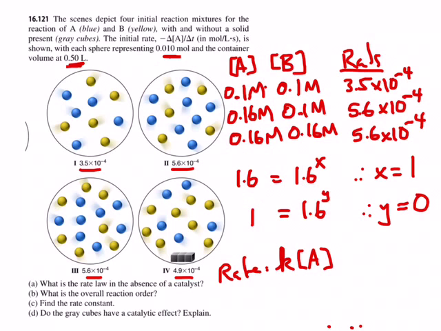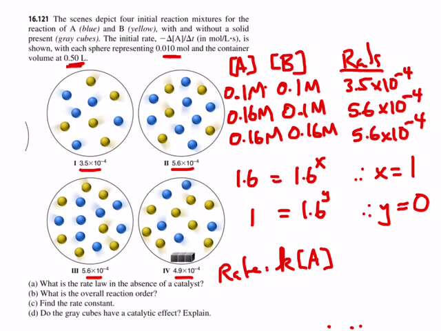The rate constant, we can take any one of those three trials and plug them in. The rate constant k would be the rate divided by the concentration of A. So if I look at trial 1, for example, 3.5 times 10 to the minus 4 divided by 0.1 is going to be 3.5 times 10 to the minus 3. And that'll be units of, what were the time units here?